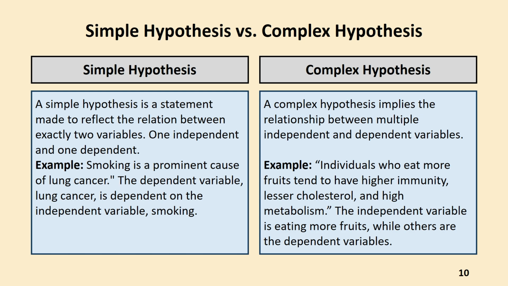Now, this kind of hypothesis is the simplest form of hypothesis that a researcher can make, where you make a cause and effect relationship exactly by knowing which one is the dependent and which one is the independent variable.